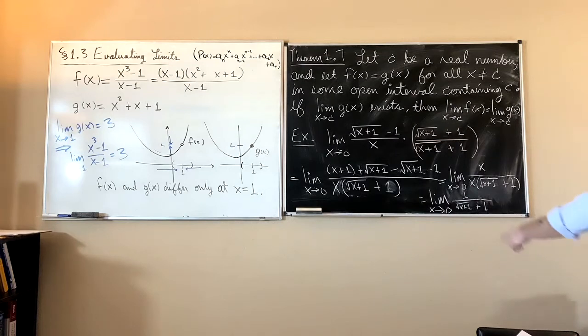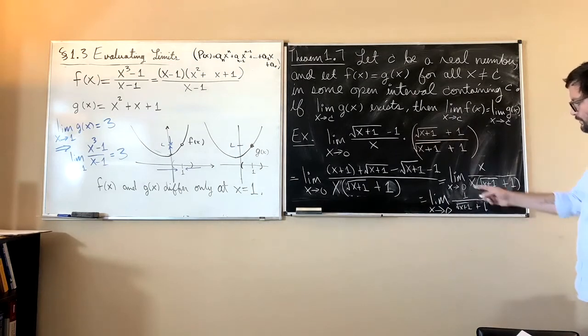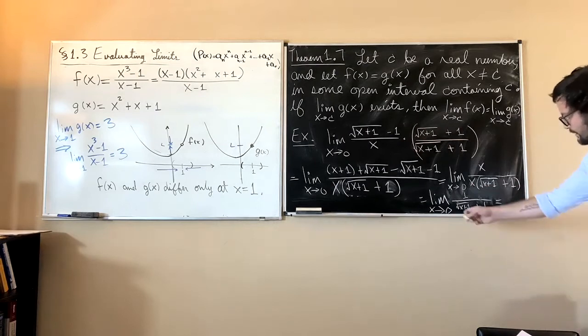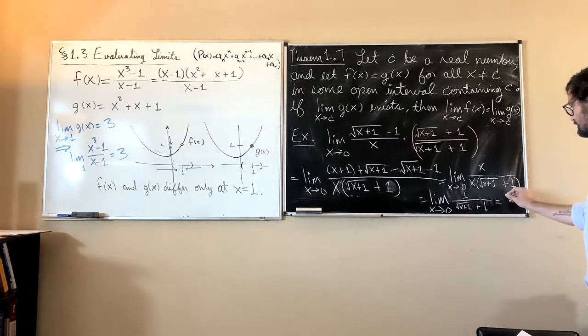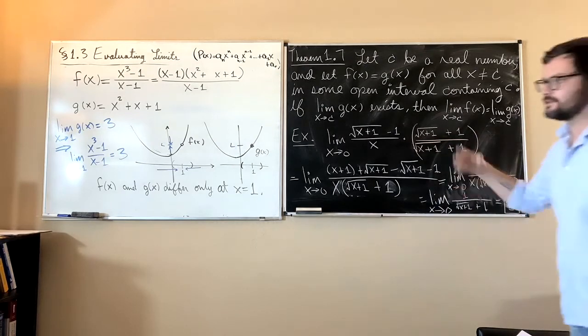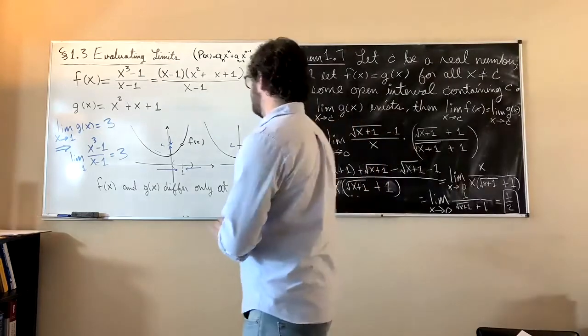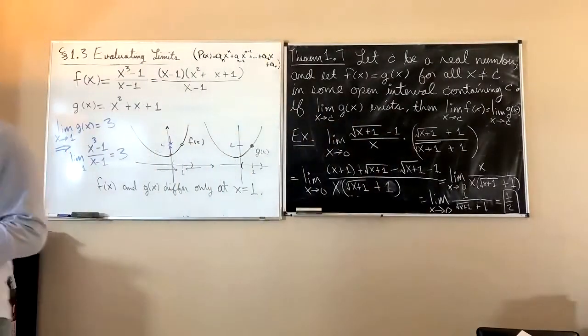And if you plug in x equals 0, now you don't have a problem. You get 1 divided by, so that becomes root 1, which is 1, so you get 1/2. By first rationalizing and then dividing out the ones.